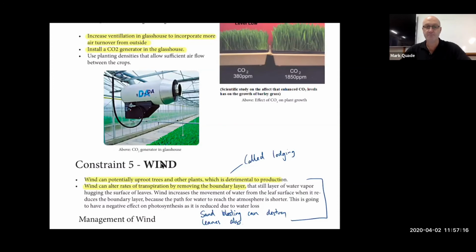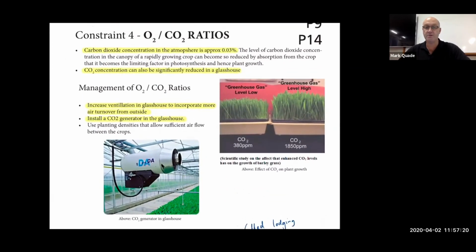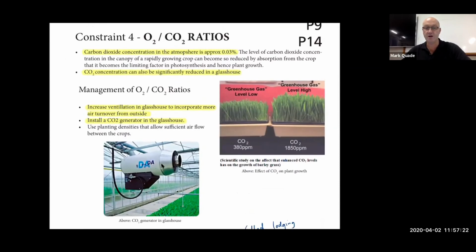Really interesting picture to the side of it here. We've got our greenhouse level low and our greenhouse level high. We can see with the higher parts per million, okay, they've got a lot more vegetable matter. So this is about where we're at now. So in normal atmospheric conditions, this is way higher. So global warming is a good thing? Probably not.